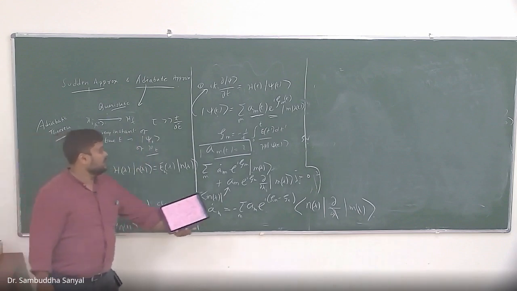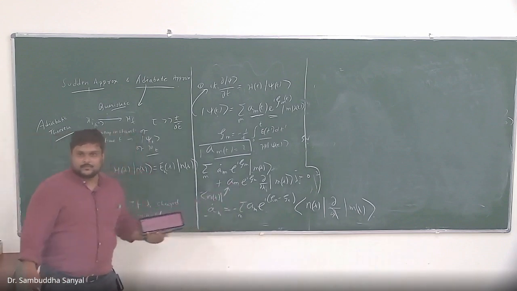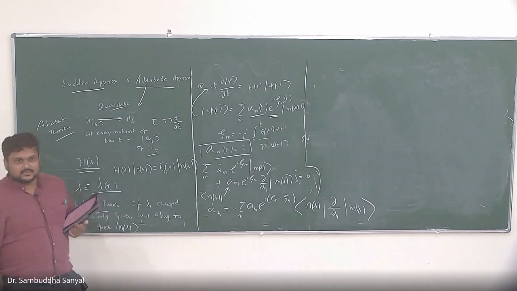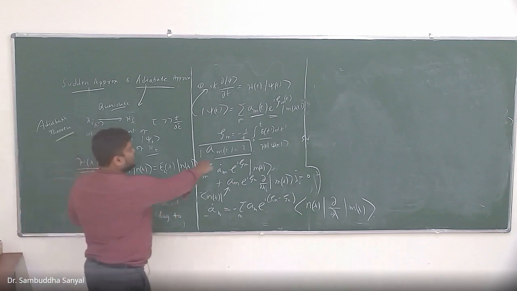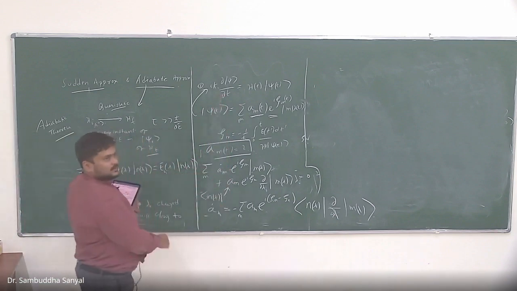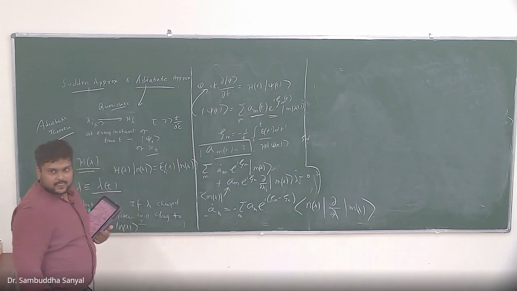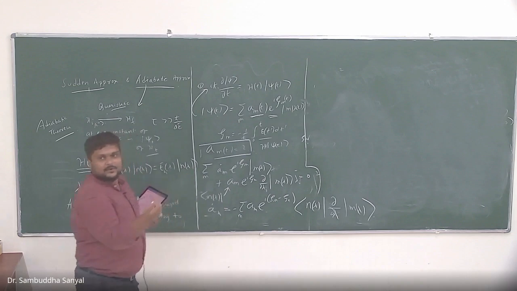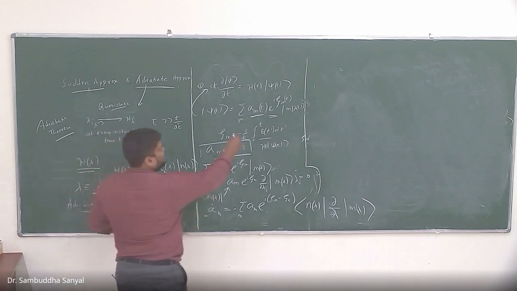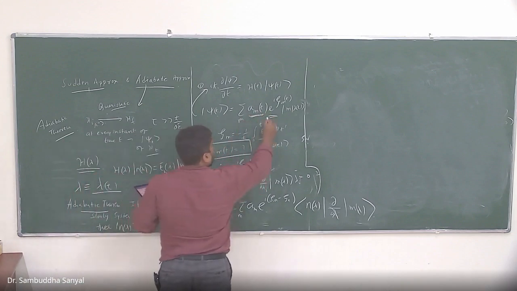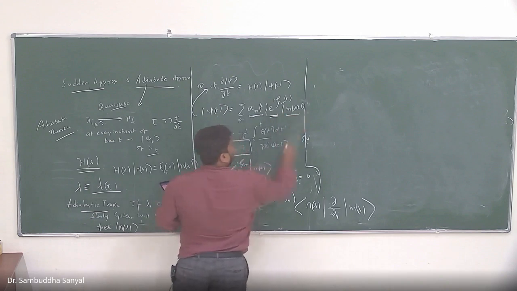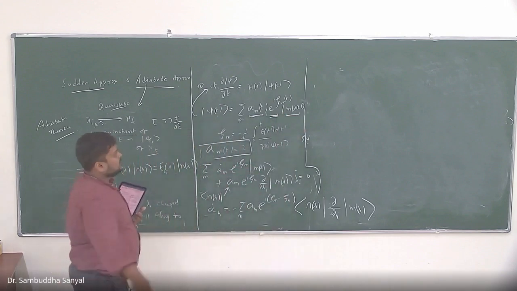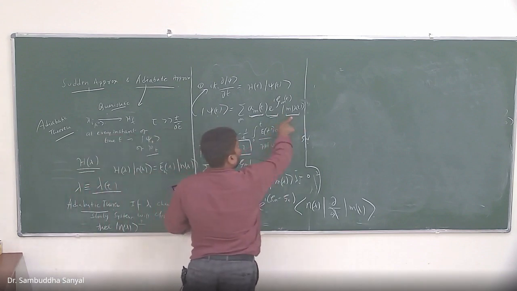Did you get an idea of how this second term came, or are you completely clueless? If I plug this into this, what will we get? If I take a derivative of this, where is the time dependence? There are three places, right? One is here, another is here, another is here. Now, how will this time dependence show up?